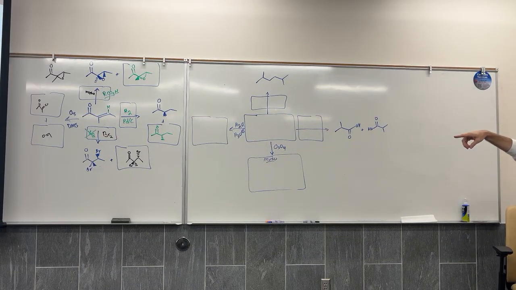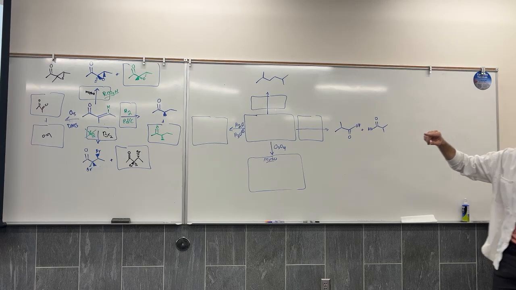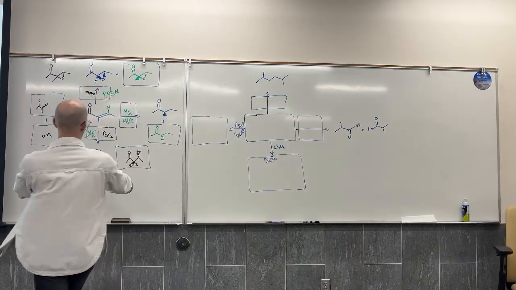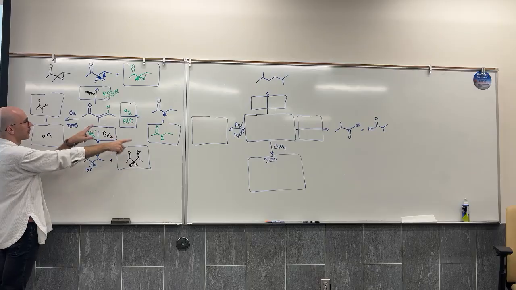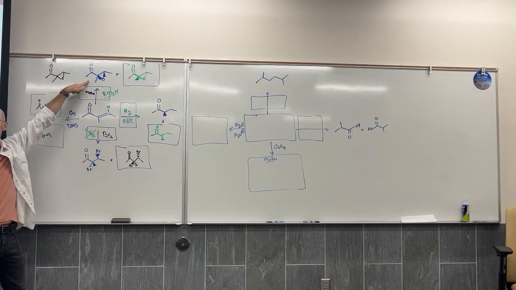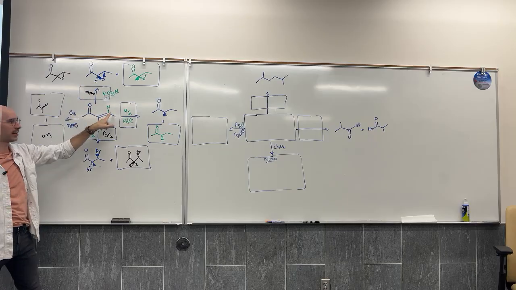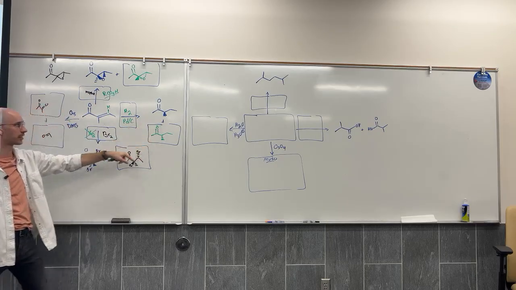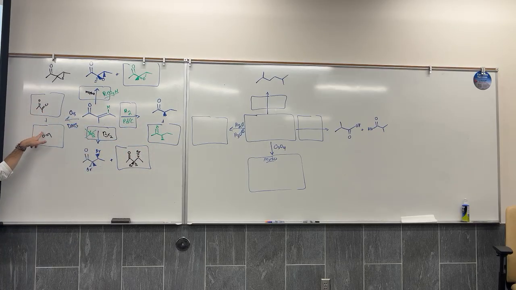Some of these reactions produced two stereocenters. Halogenation made two stereocenters. Epoxidation made two stereocenters. Some of these reactions made one. Hydrogenation made just one stereocenter. And one of these reactions made 0 stereocenters.